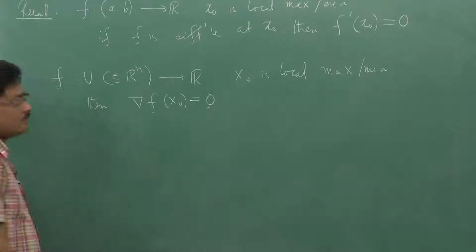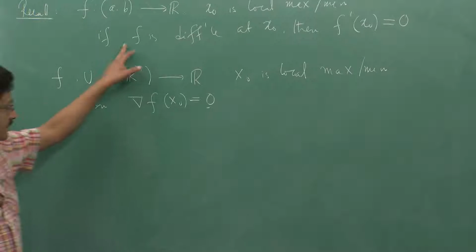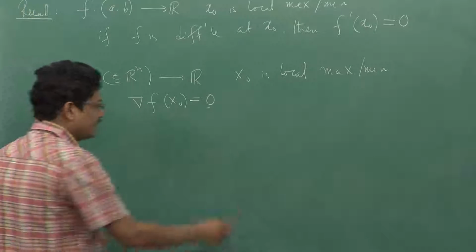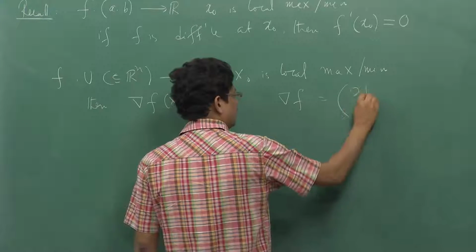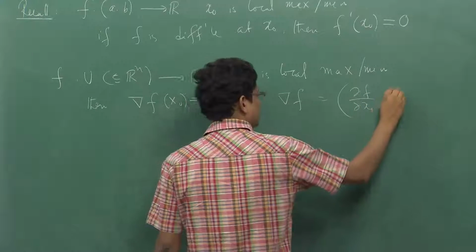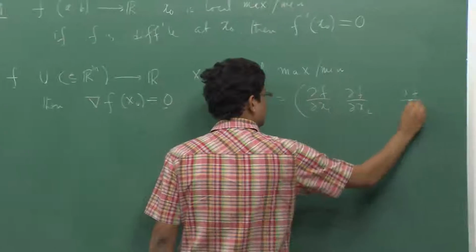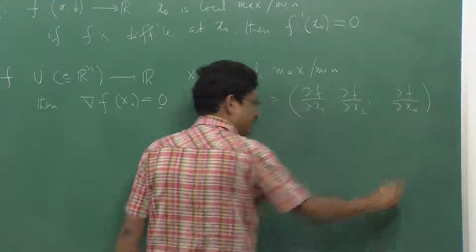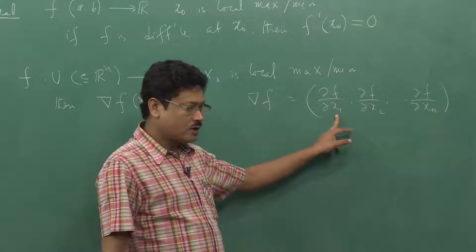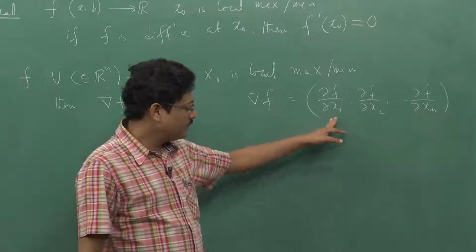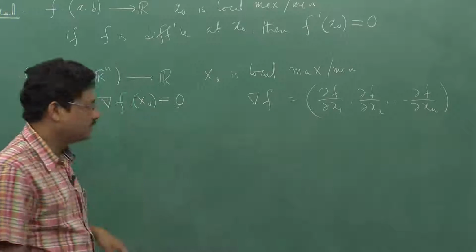What is the difference? I have not written that f is differentiable here. You remember grad f is the directional derivatives in the canonical directions. As we have seen in the very early weeks, existence of the directional derivatives does not make f differentiable.